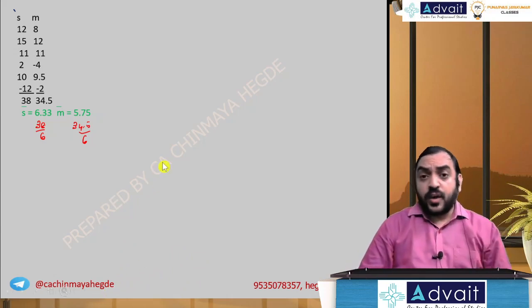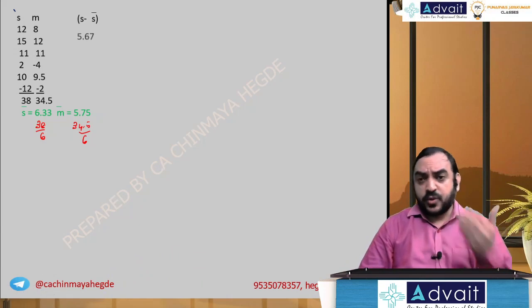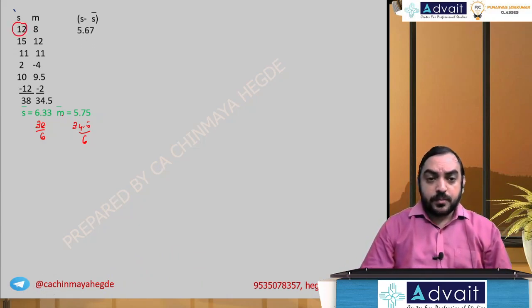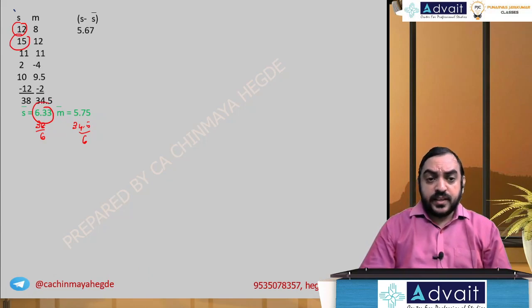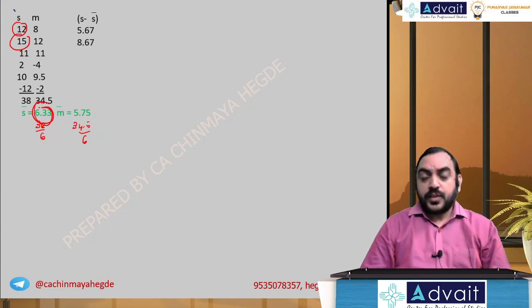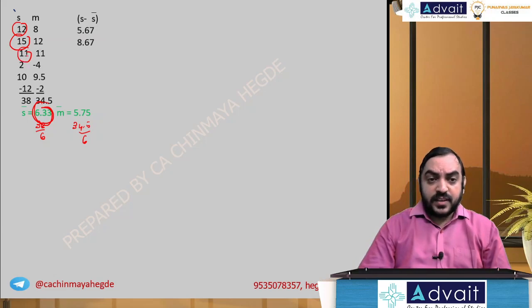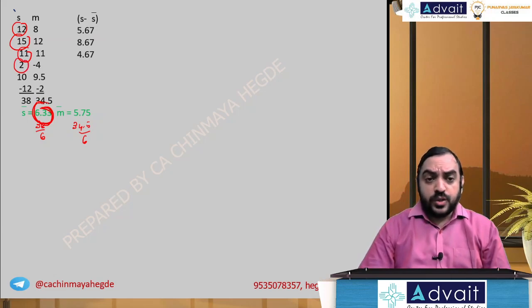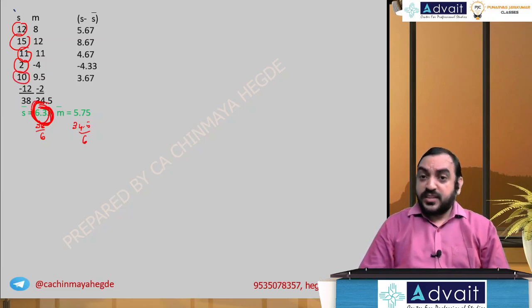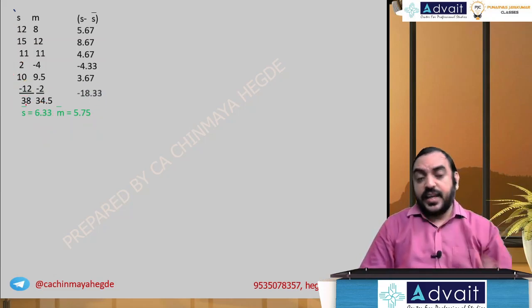Now, what next do we require? S minus S bar, then S minus S bar whole square. So 12 minus 6.33 is 5.67. 15 minus 6.33 is 8.67. 11 minus 6.33 is 4.67. 2 minus 6.33 is minus 4.33. 10 minus 6.33 is 3.67. And 12 minus 6.33... minus 18.33.